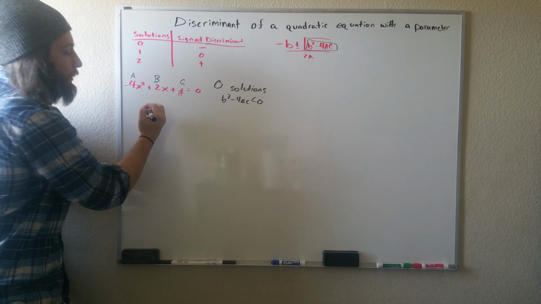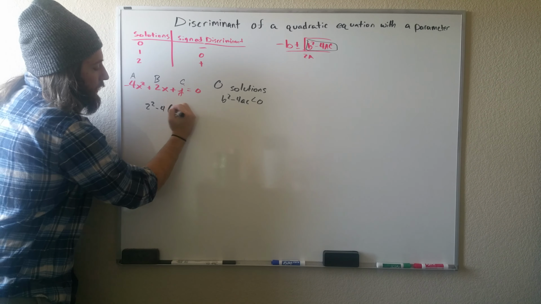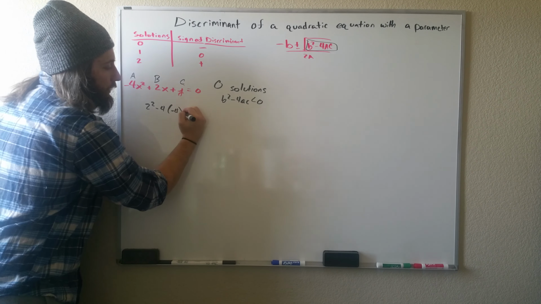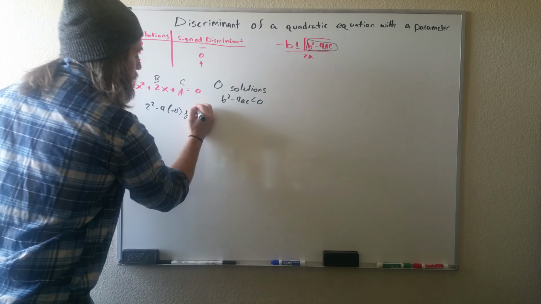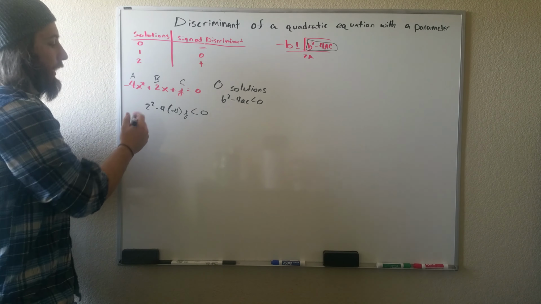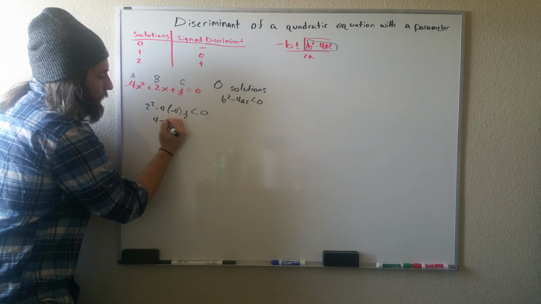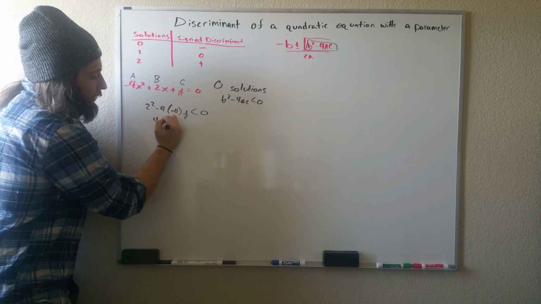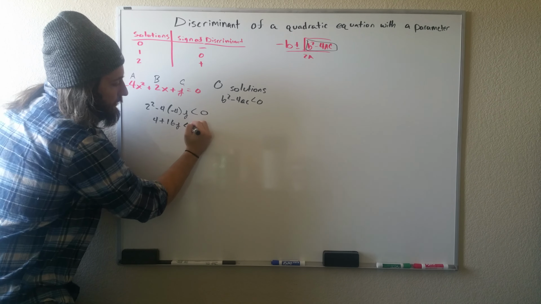If we plug in 2 for b, we get 2 squared minus 4 times negative 4 times j. And since we want it to be less than 0, we'll just write less than 0. After this, we'll just simplify. So now we get 4 minus, actually plus 16j is less than 0.